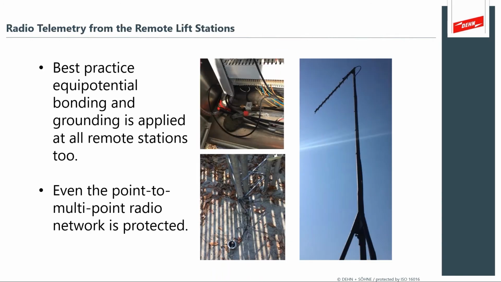So the lift station control systems will have their own sets of challenges. You'll have AC power protection, but you'll also have transmitters, point to multi-point radio networks that are communicating the status of the remote lift station back to the main control centers. And here we'll see examples of having an RF surge protection device installed directly on that coaxial cable as it enters the cabinet, bonded directly into the electrical bond system in the cabinet.